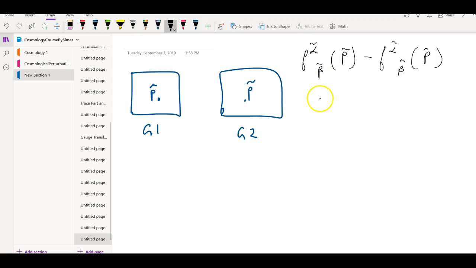This gives us the transformation in perturbation from gauge 1 to gauge 2. This is in gauge 2 and this is in gauge 1. So when we say gauge transformation, we mean this: how the value at p caret in caret space goes to the value at p tilde in tilde space.